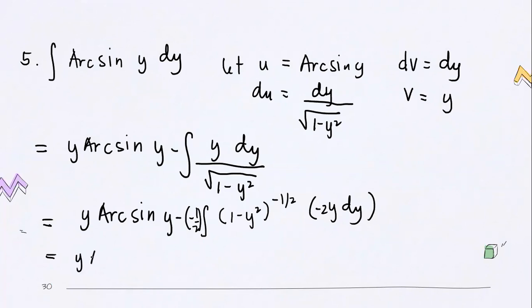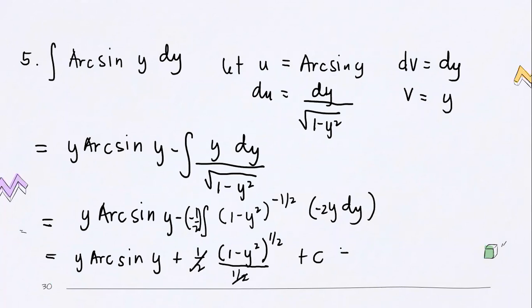Okay, therefore, we have y arc sine y, power formula, positive 1 half, then this one would be 1 minus y squared raised to 1 half over 1 half plus c. Therefore, this one is simplified. We have equal to y arc sine y plus square root of 1 minus y squared plus c.